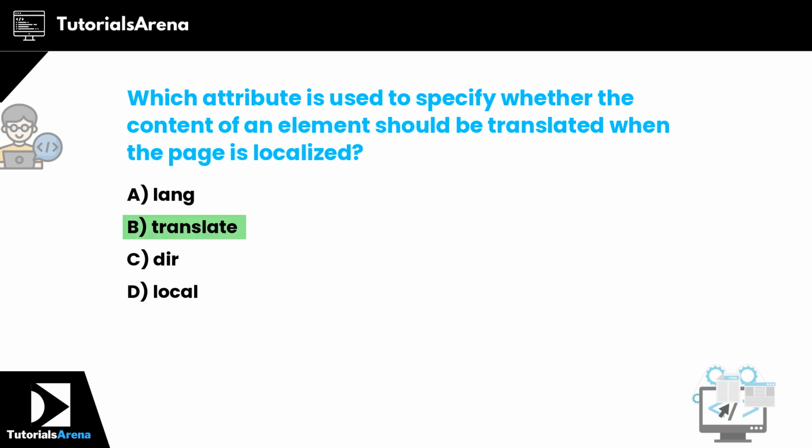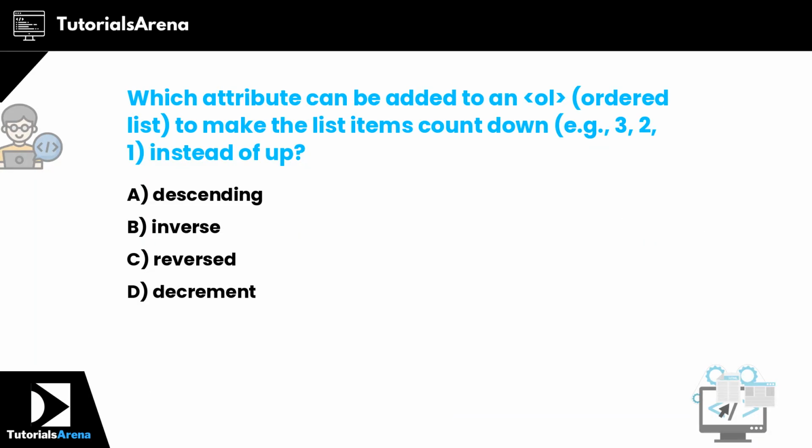The correct answer is option B, translate. Which attribute can be added to an ol, ordered list, to make the list items count down, e.g., 3, 2, 1, instead of up? The correct answer is option C, reversed.